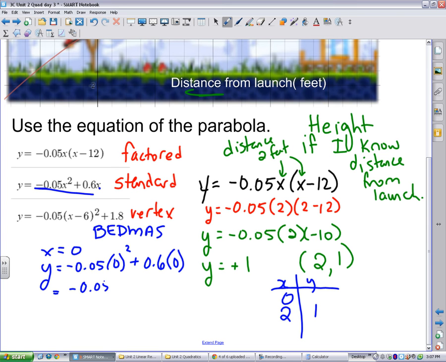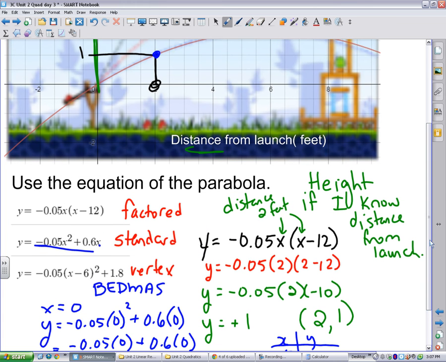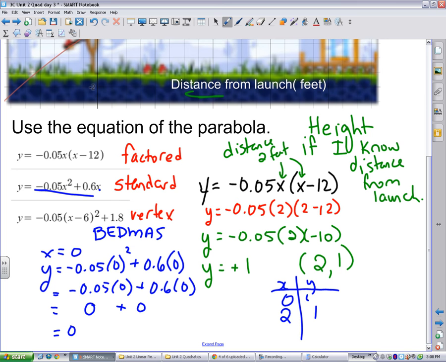So I have 0.05 times 0, add 0.6 times 0. Next I'll multiply: 0 times 0.05 is 0, and 0.6 times 0 is also 0. So I wind up with 0. Again, looking at that graph, yep, there's (0, 0) right there. So I can fill a little bit more out of my table of values. For the x value 0, the y value is in fact 0.